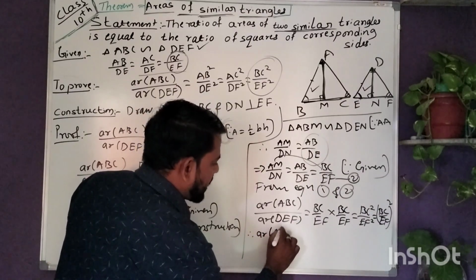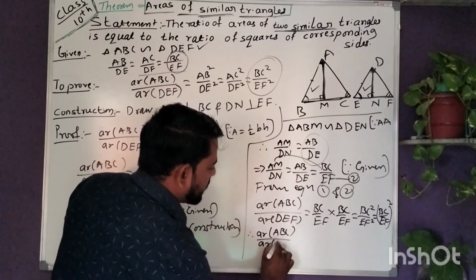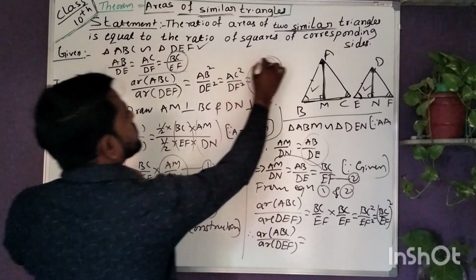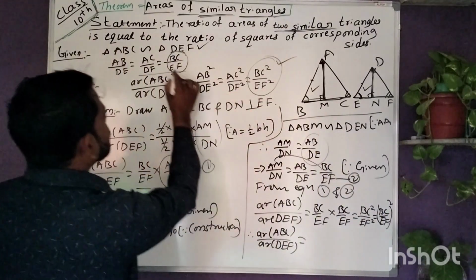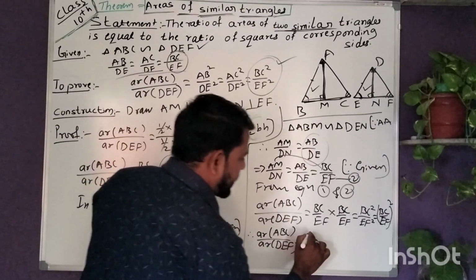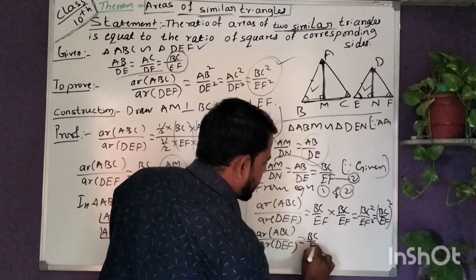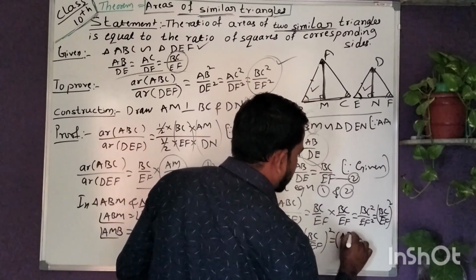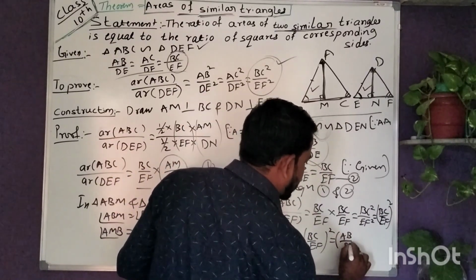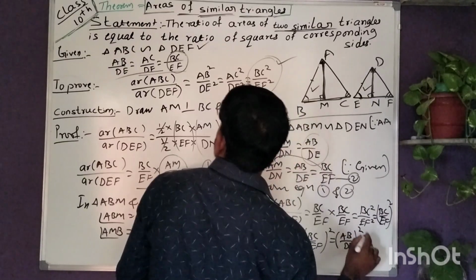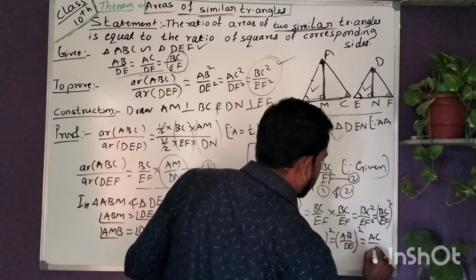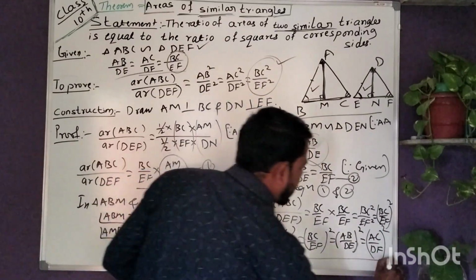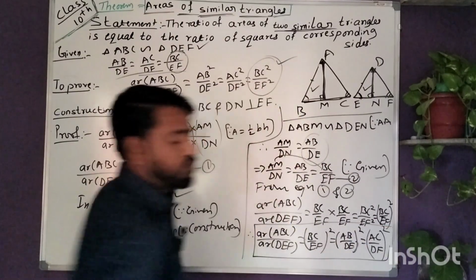Rewrite it once again: area of ABC by area of DEF is equal to BC by EF bracket square, which is equal to the remaining two sides' ratios, AB by DE bracket square and AC by DF bracket square. This is our required proof. For this you get 4 marks.